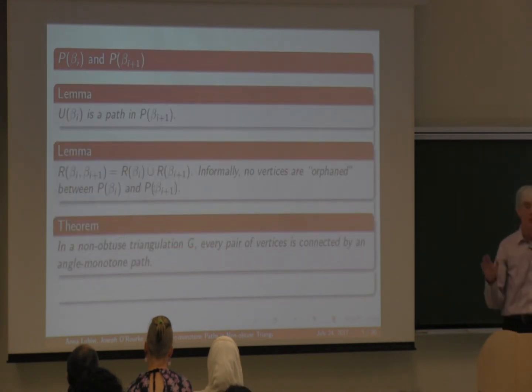And if you then join these two regions together, we want to argue that no vertices are orphaned between them, so that as you move to the next beta, you're covering everything.